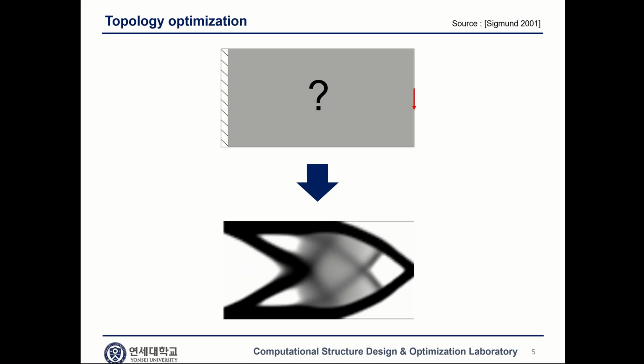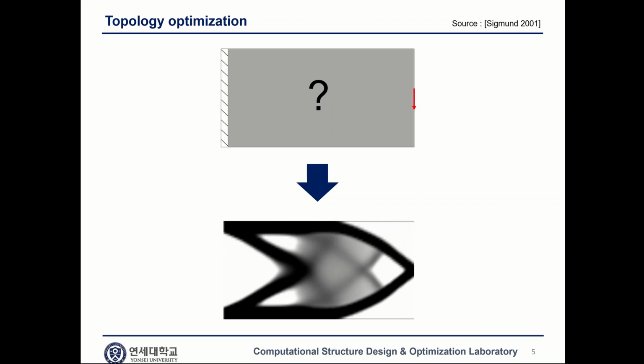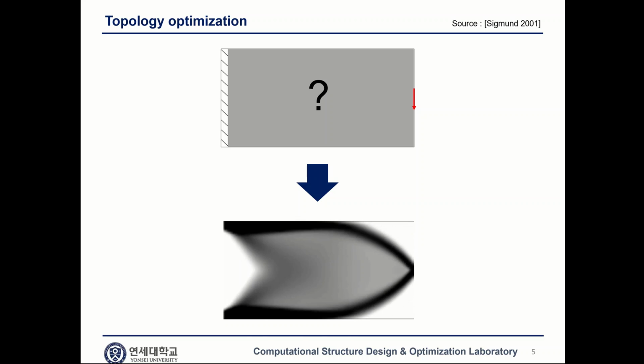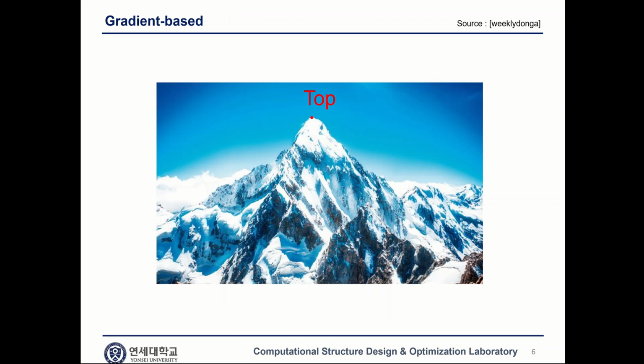Then how do we optimize a structure which maximizes the performance while satisfying the required constraints? Mostly, the concept of gradient is introduced. Then what is gradient? Imagine that we are going to climb up to the top of a mountain.